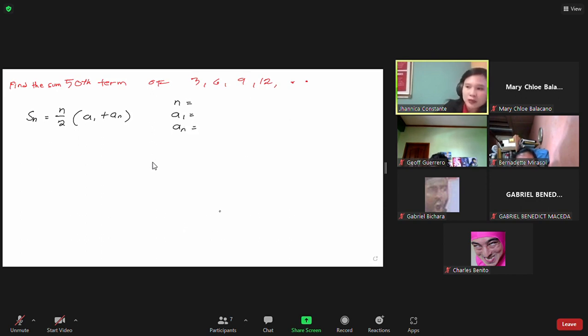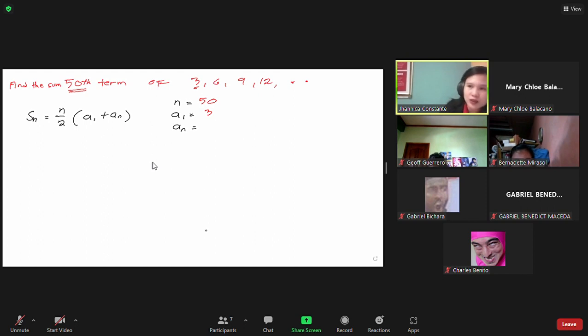Looking at the problem, n is given, which is 50. That's the number of terms that we are solving. The first term is also given, which is 3. That's our first term.